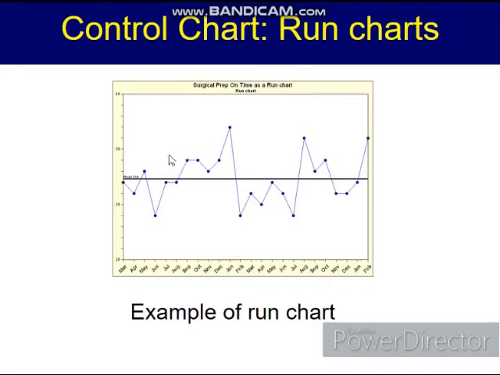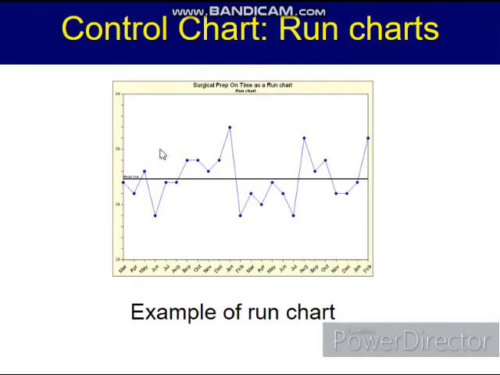But this is not a control chart. There are other things that you have to do in order to turn this run chart into a control chart. Looking at the trend and the pattern of the run chart does not indicate whether this particular process is in control or not. There's not sufficient information here.